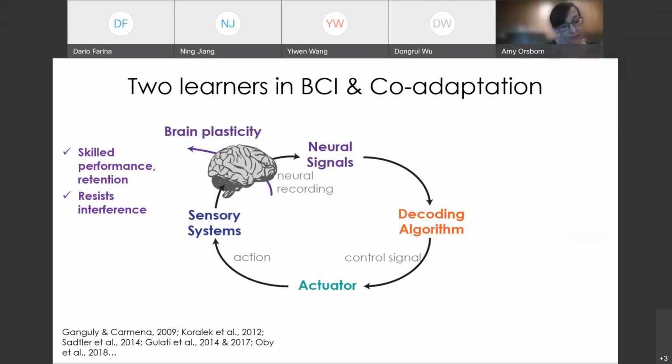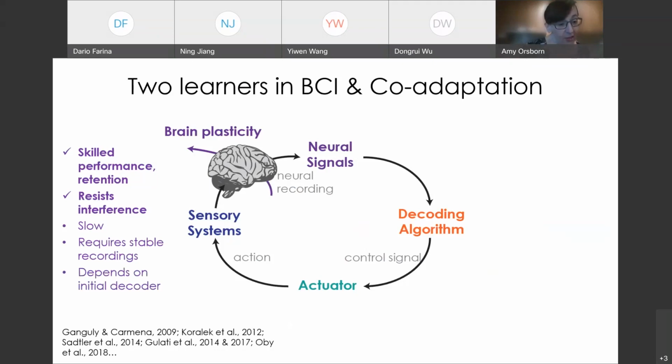So these are really potentially very useful properties of a BCI, but some of the problems with relying just on brain plasticity is that these processes of forming those skills can be relatively slow. It can take weeks to months for people to master these devices. And importantly, it requires stable neural recordings. So if, for instance, we're recording from 100 neurons from an electrode array to control the movements of the cursor, and there's shifts in neural recordings, like we've heard about from Juan Gallego, that disrupts the brain's ability to actually continue to learn that skill over time.